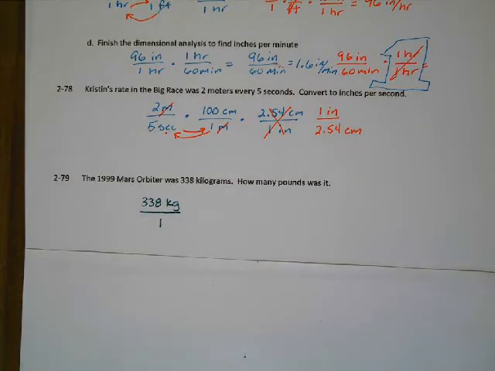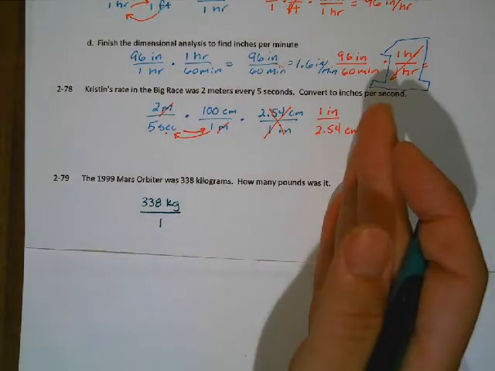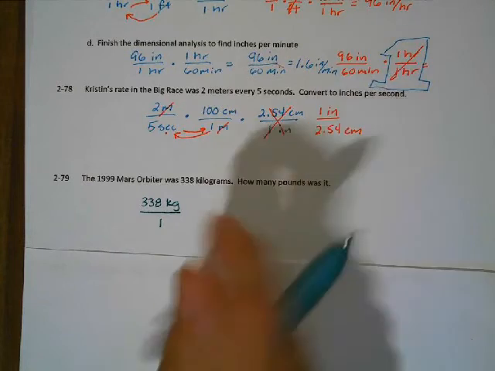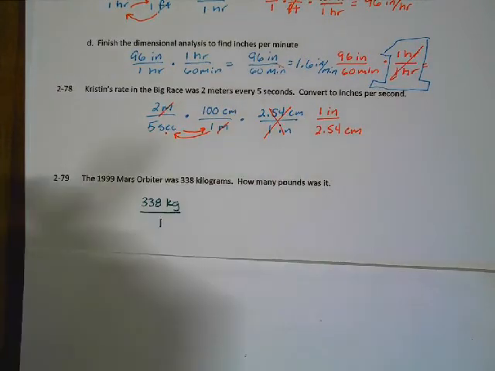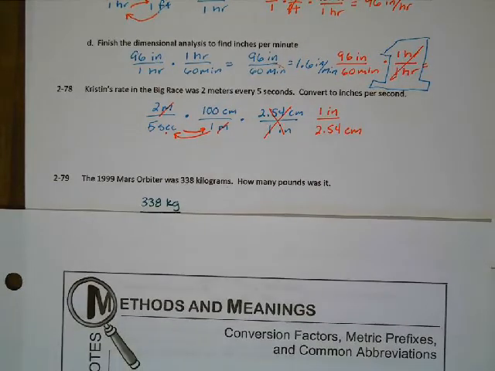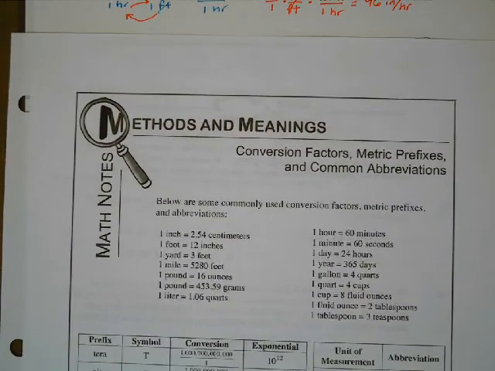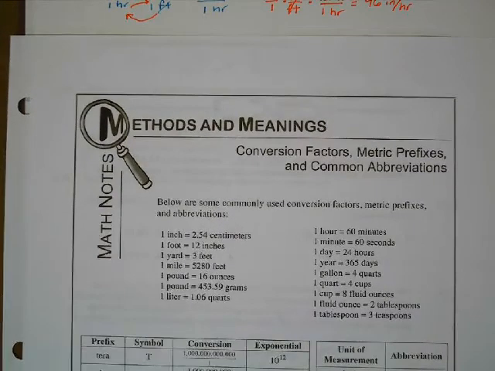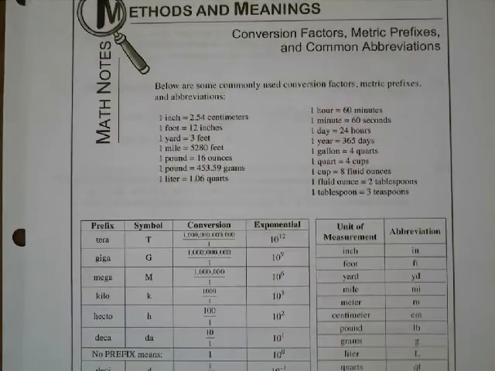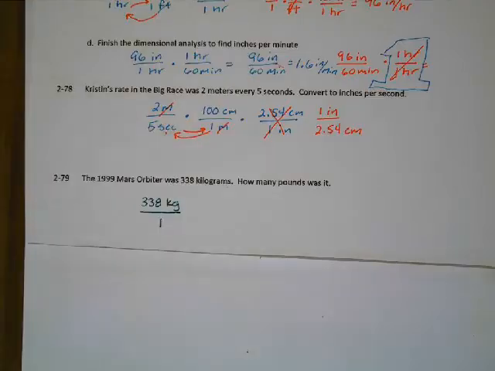I want you to set up your dimensional analysis, give me some ratios so that you can convert kilograms into grams using the methods and meanings in your book. Everything that you need is right here to convert it correctly. I'm going to pause, set it up, and we'll see how you did.